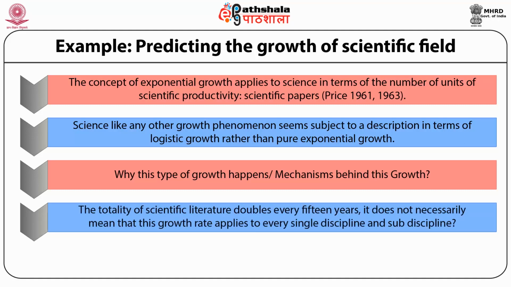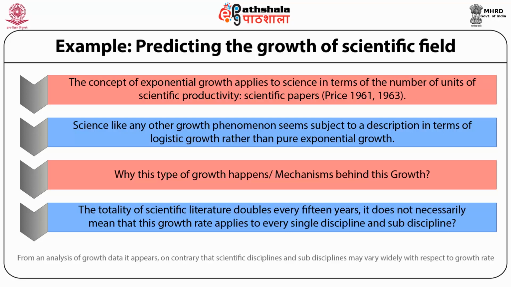It was shown by studies by Price and other scholars, based on research publication trends, that the totality of scientific literature doubles every 15 years. From an analysis of growth data, it appears, on the contrary, that scientific disciplines and subdisciplines may vary widely with respect to growth rate.